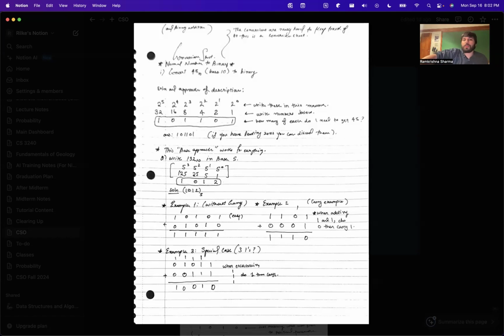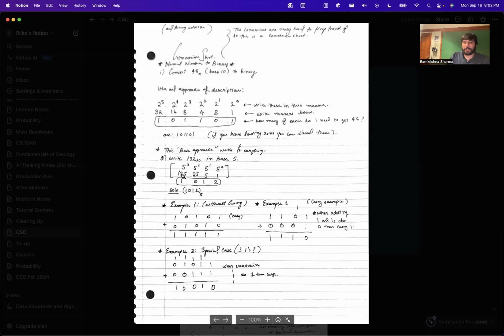That's why you were using 2 as your superscript here, right? That's why 2 was our superscript. Here, when you're converting from base 10 to base 5, the 5s will be your superscript. So that's conversion from decimal to binary, binary to decimal.